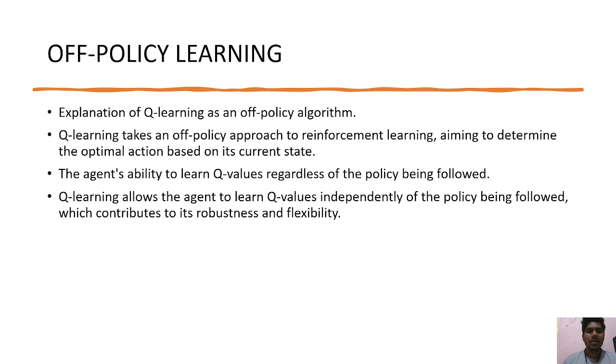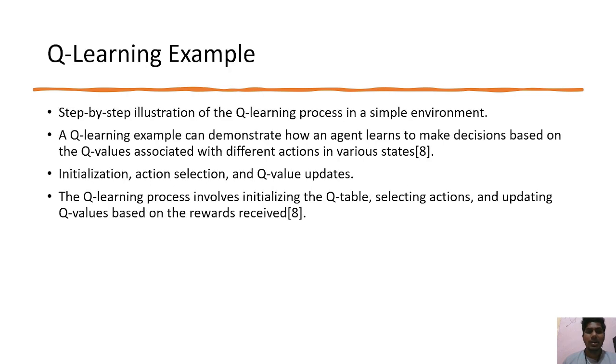The agent has the ability to learn Q values regardless of the policy being followed. Q learning allows the agent to learn values independently of the policy being followed, which contributes to its robustness and flexibility.